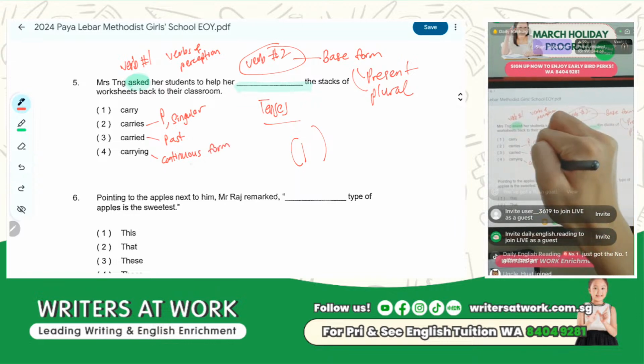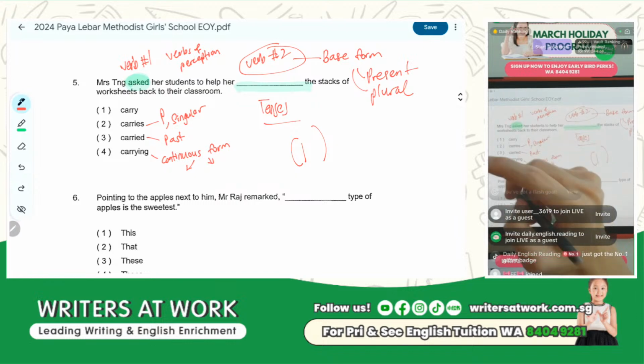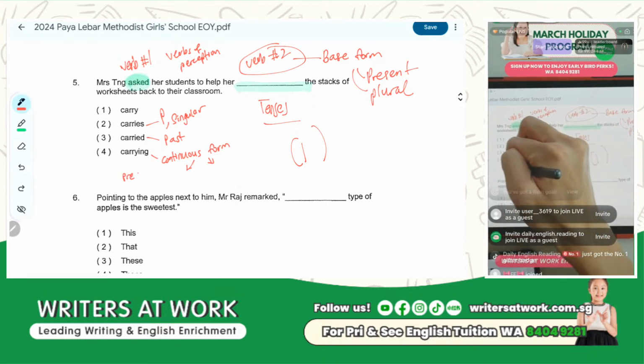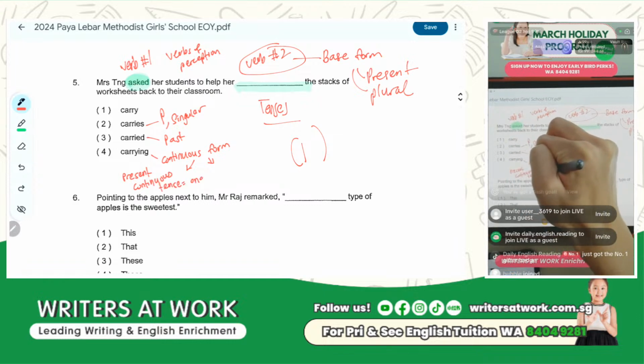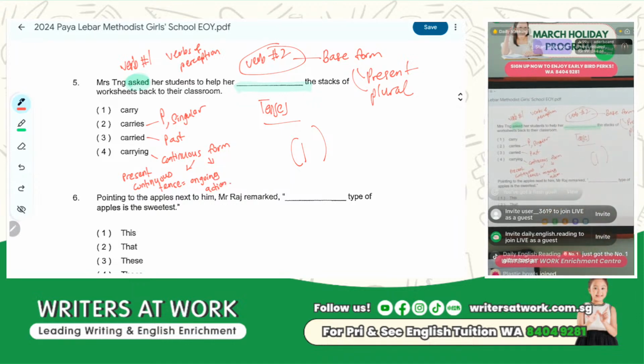So we will use it in two ways. The first one is when we use it in present continuous tense, which shows an ongoing action as you speak. So for example, I am carrying the books to class when John started talking to me.